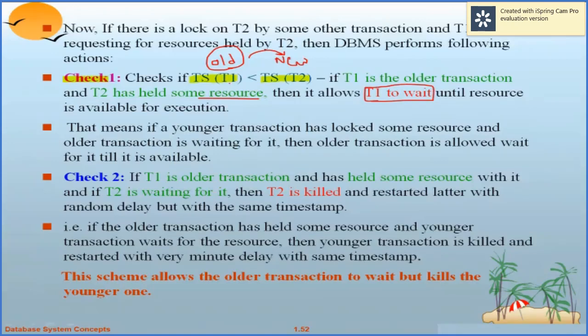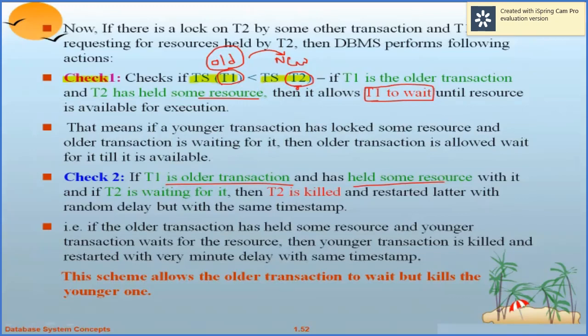But if it is the opposite, what is happening? T1 is an older transaction and has held the resource. T1 has control over the resource, and T2 is waiting for the same resource to be unlocked by T1.